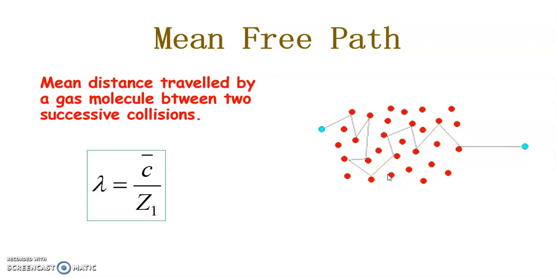That is, its mean free path should increase if the pressure of the system decreases. What about collision frequency? It will also decrease. That is, the number of collisions occurring between two molecules will also decrease as the pressure decreases.